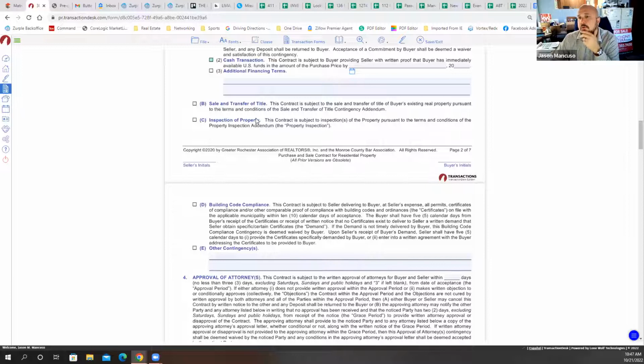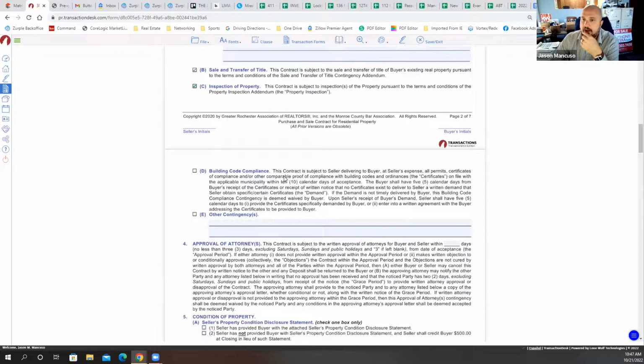Sale and transfer of title would be essentially that the buyer is contingent on selling their home, meaning they can't buy a home without selling the home that they own now. So I'm going to run through a full example. I'm going to make it contingent on a sale. Okay. I'm going to make it contingent on an inspection as well. And I'll show you the alternatives, but let's just work with an inspection contingency.